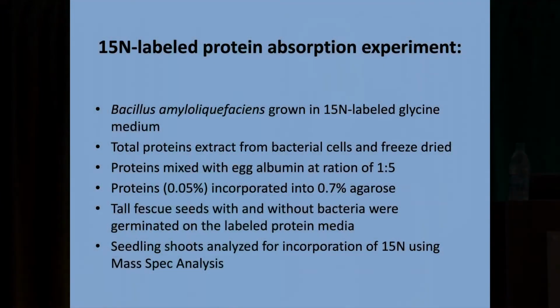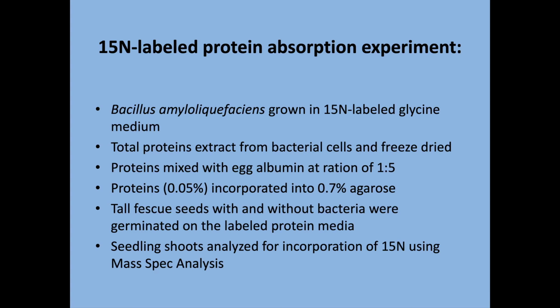Yeah, if it's true. But okay, so to test how these microbes were assisting in nutrient absorption, we did an isotope tracking experiment. This is where we labeled some protein with isotopic nitrogen, nitrogen 15 it's called, so we could track it as it goes into the plant.